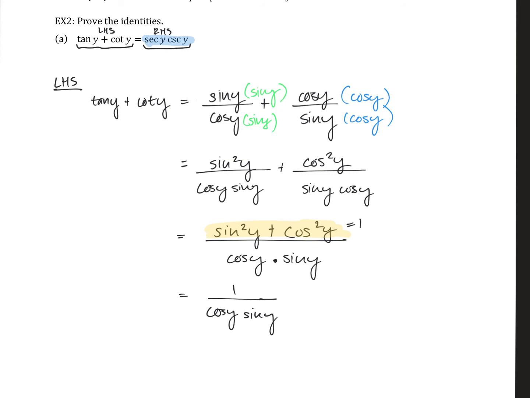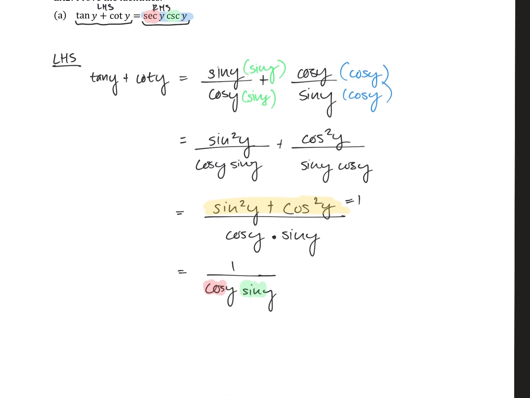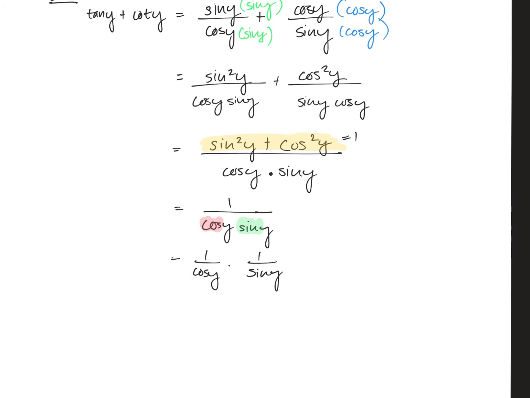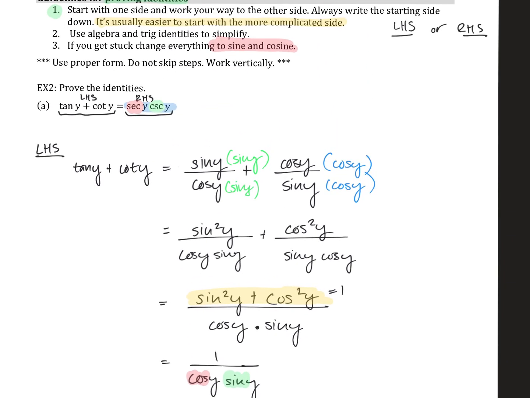Hey, if you remember, secant and cosine are reciprocals, and cosecant and sine are reciprocals. So if I rewrite this to 1 over cosine of y times 1 over sine of y, and I take the reciprocals, the reciprocal of cosine of y is secant of y, and the reciprocal of sine y is cosecant of y, which is exactly what I was trying to solve for.